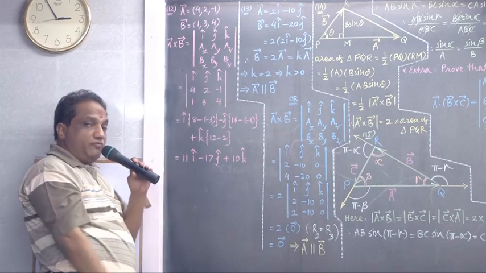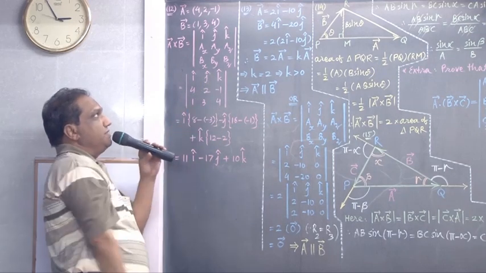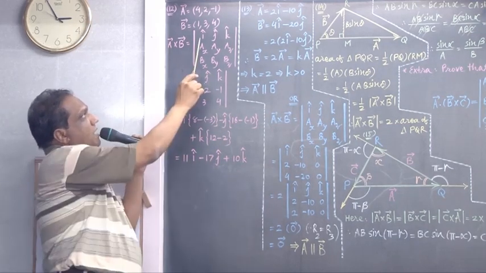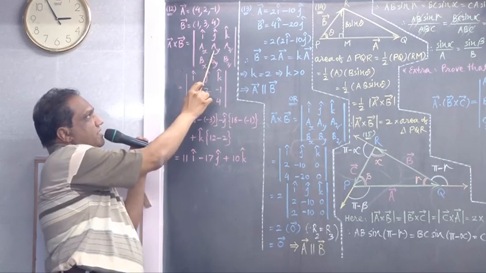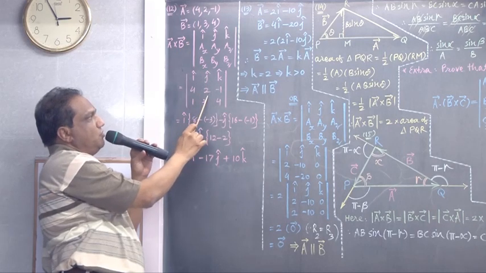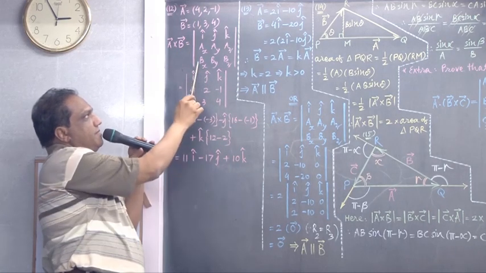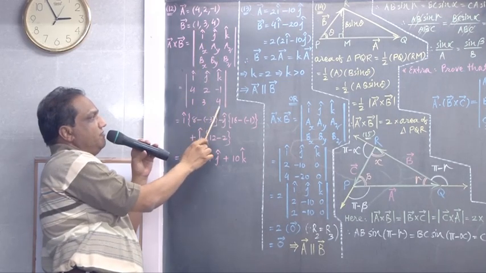And in the last row, the components of the second vector, Bx, By, Bz. Now i hat, j hat, k hat stay as they are. Ax, Ay, Az are respectively 4, 2 and minus 1, and Bx, By, Bz are 1, 3, 4.